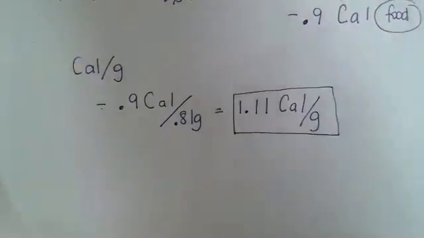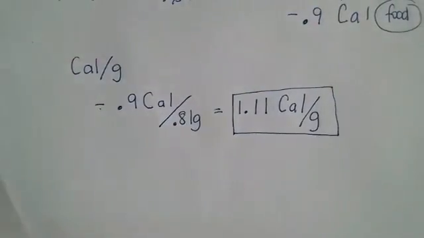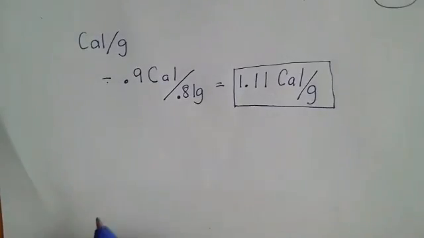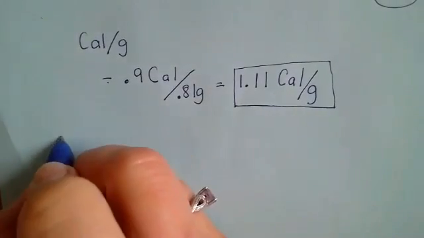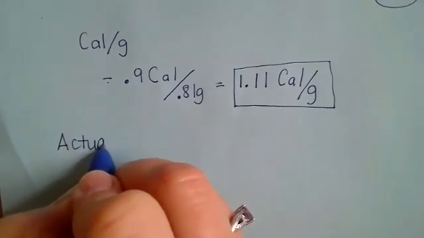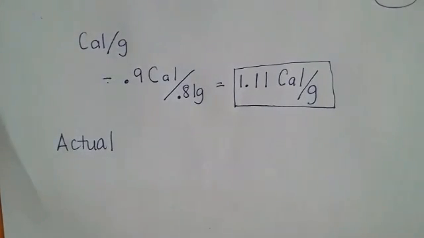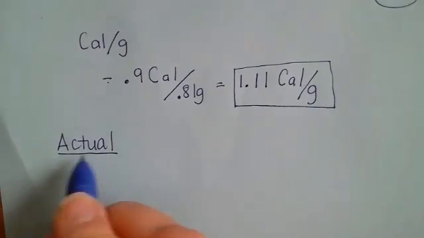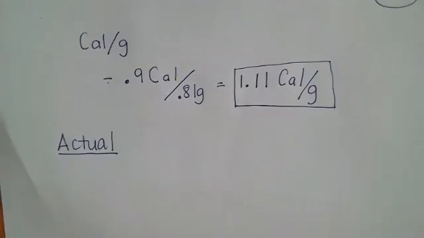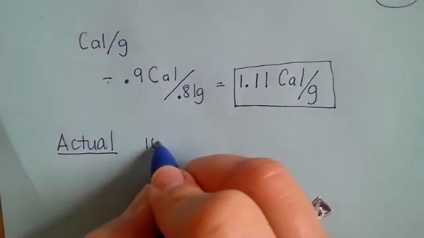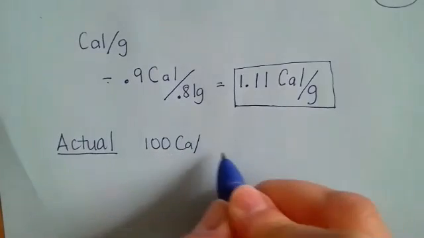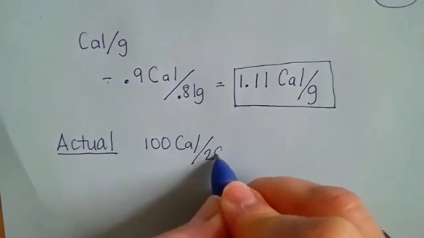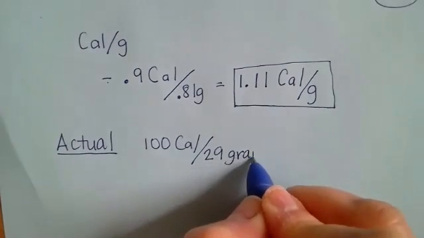So let's do the last portion, which is number 2 on that food lab. We need to calculate the actual. Well, this is where on the back of the bag, I look at the nutritional value. So actual, theoretical, all the same meaning. On the back of the bag, it said 100 calories per 29 grams.